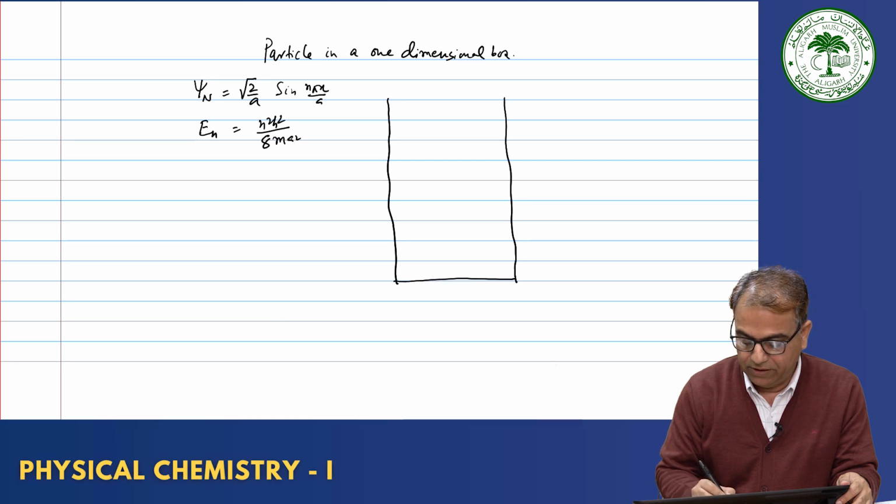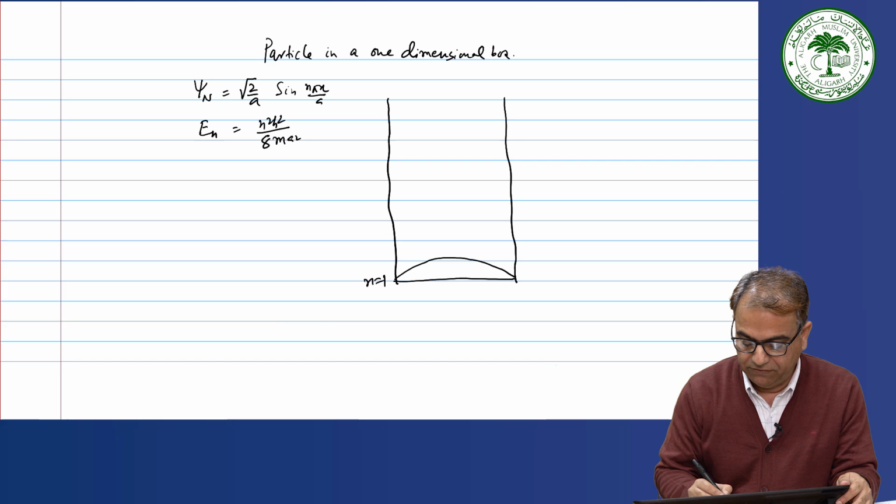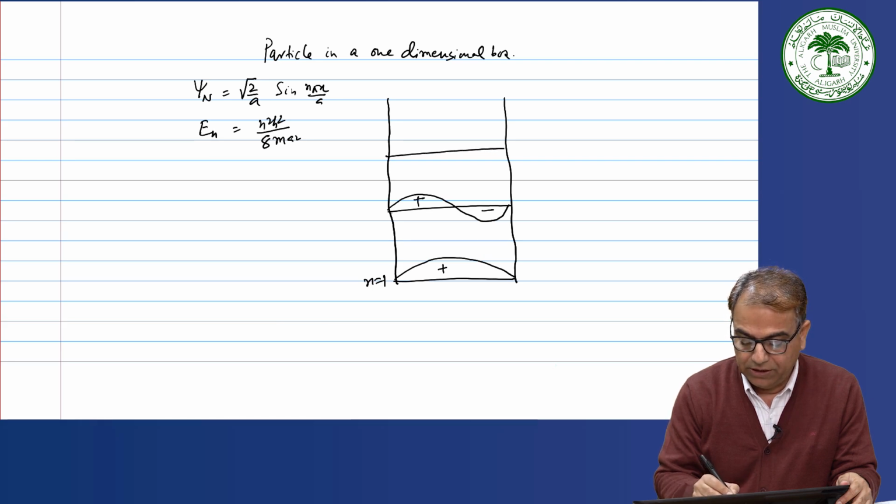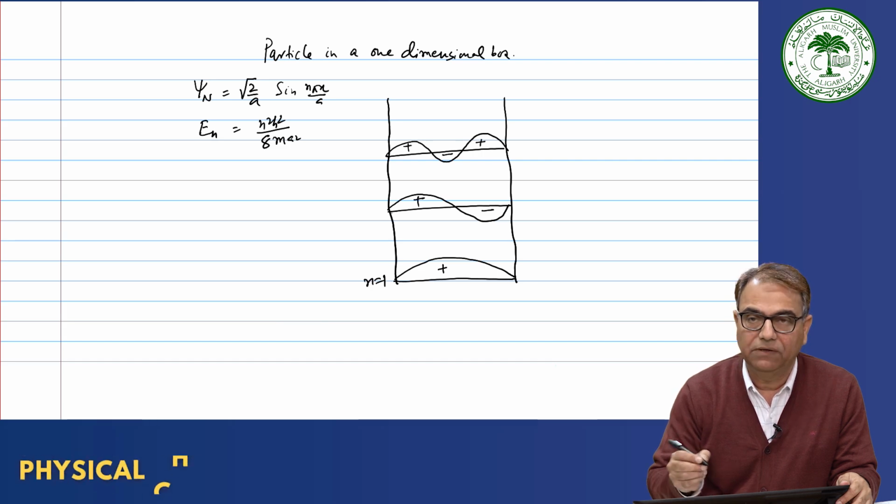For n is equal to 1, at all places the wave function is positive, and we plotted like this one. At n is equal to 2, we plotted like this one, where this part is positive, this part is negative, the sign of the wave function. We plotted for n is equal to 3 like this one, where this is positive, this is negative, and again this is positive.